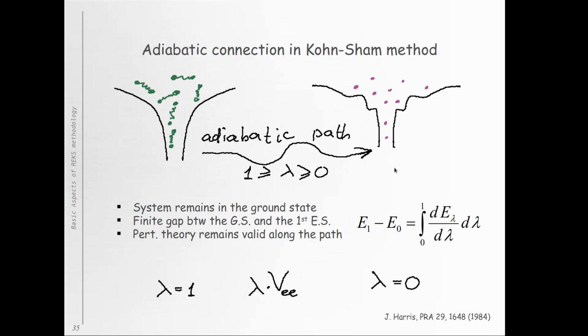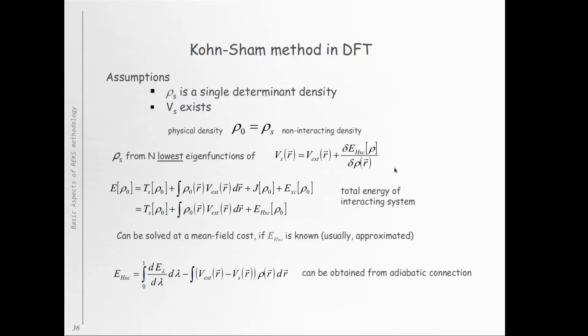We cannot prove it for any system, but we simply make these assumptions: that it is a single determinant and that it exists. Therefore, we can reformulate the whole problem of finding the energy of a many-electron physical system with this density rho naught in the following way.